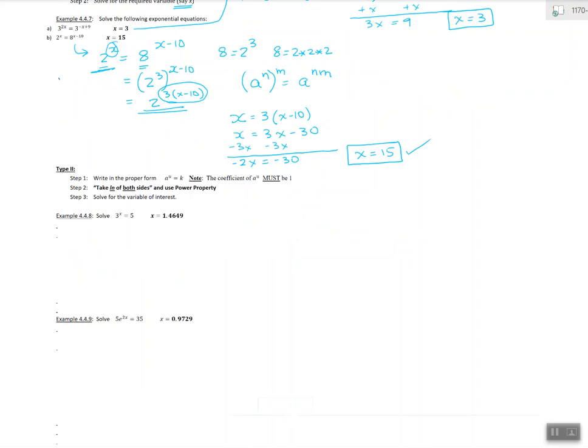Now we move on to type 2 equations, the exponential equations that are of type 2. So these are the equations that must first be written as a raised to the power u equals k. Now the thing to notice is that the coefficient of the exponent term must be 1.